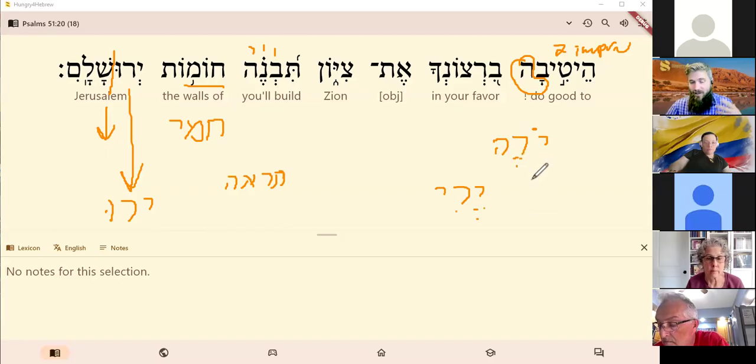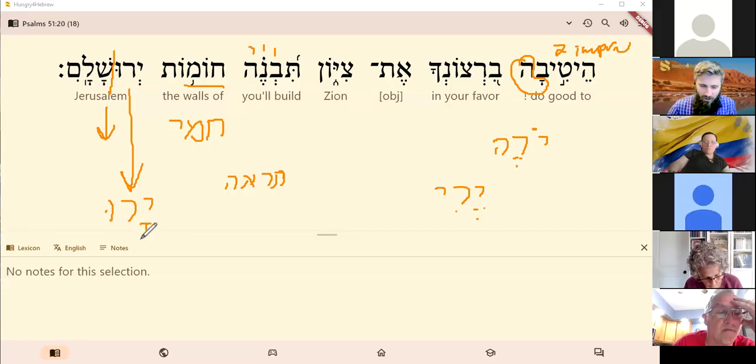Yes. Here it would be the idea of casting a stone in the sense of a construction term. When you cast the cornerstone, that's the first stone from which all the other stones will be based. And so the theory is that Yaru has to do with they cast the cornerstone, founding stone, something like that, keystone.